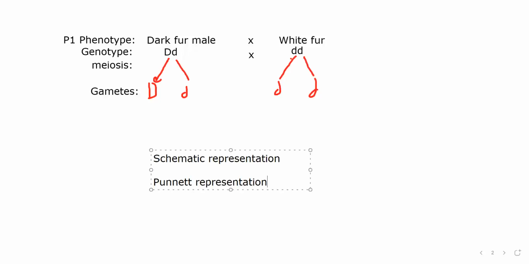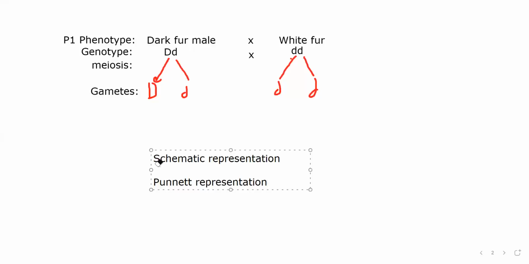So they're simply forms of representation. There's not one that says this one is the cross and the other one is not the cross. In either case, we are always doing crosses. It's either we do our cross in a schematic way or we do our cross using a Punnett square diagram. So all of them are crosses. Please don't get scared. It's the same thing that we're doing here.